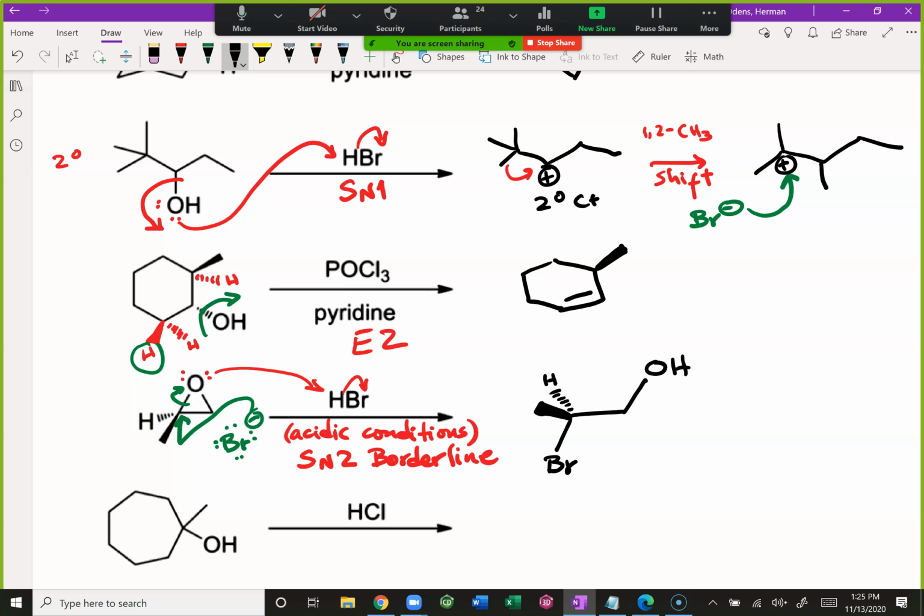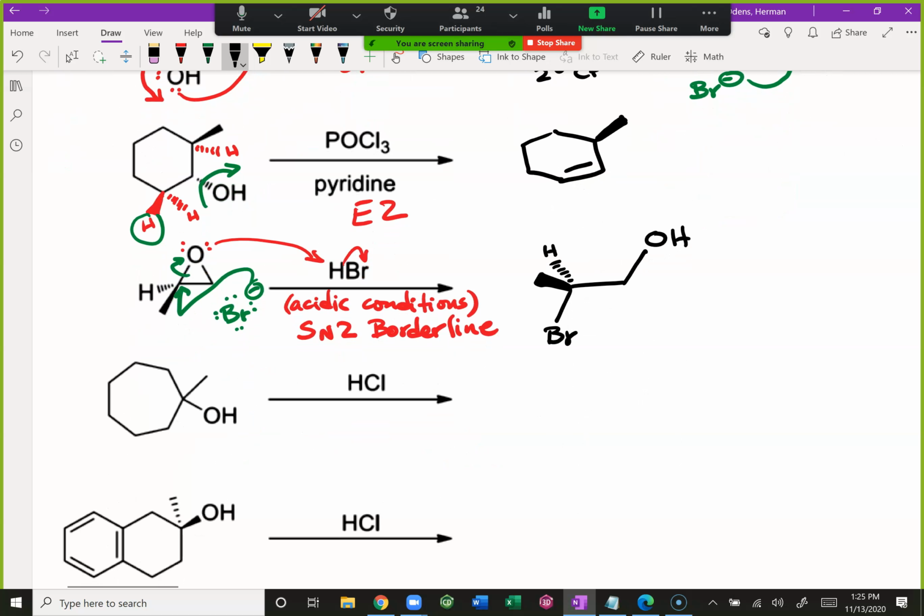All right. Very good. What do we have here? So in the next reaction, we are treating a tertiary alcohol with hydrogen chloride. What type of reaction is that? SN1. Very good.